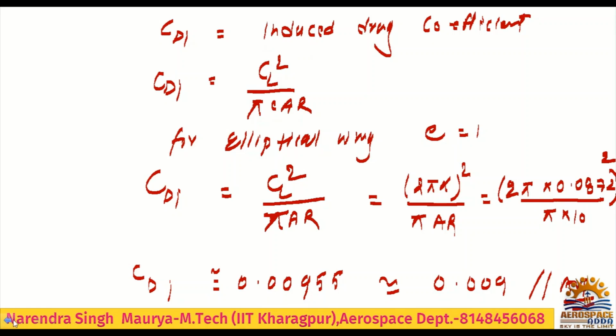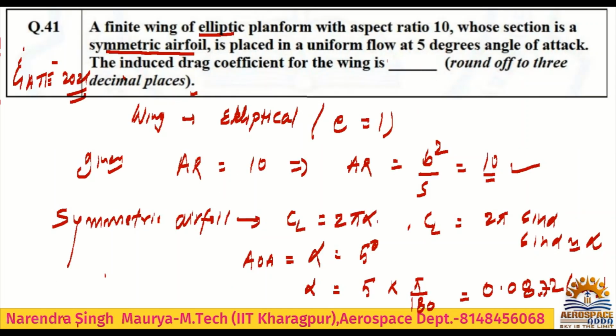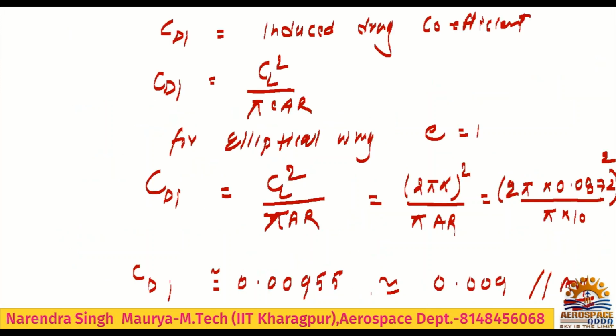If you fill 0.009, it will be accepted. Actually that value is 0.00955, but if you fill 0.009 also, it will be accepted. Round up to 3 decimal places. Hope you understood. All right, now we'll go for the next problem here.